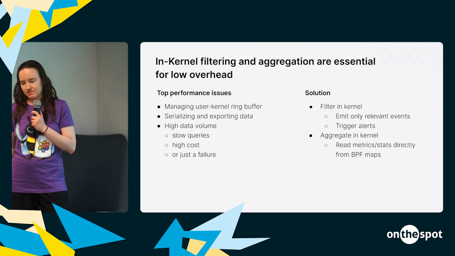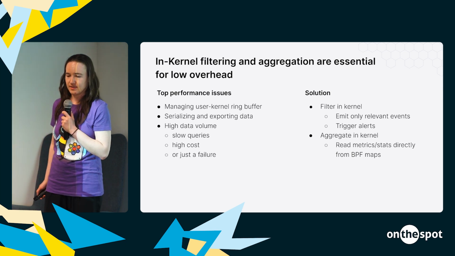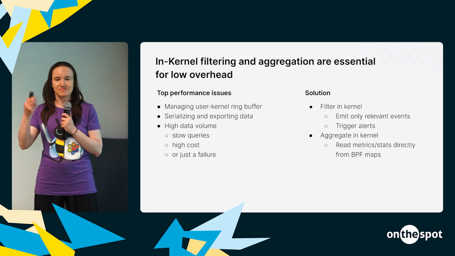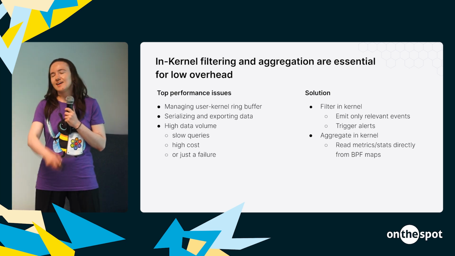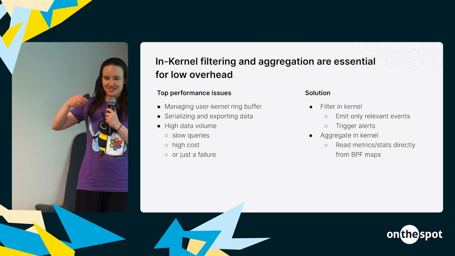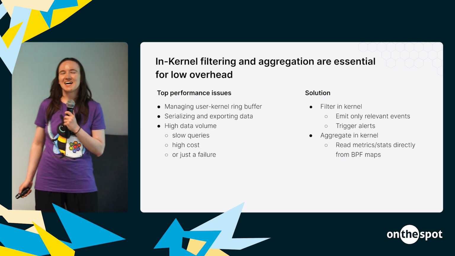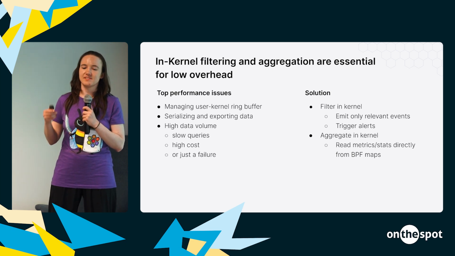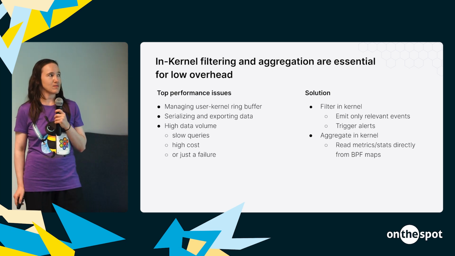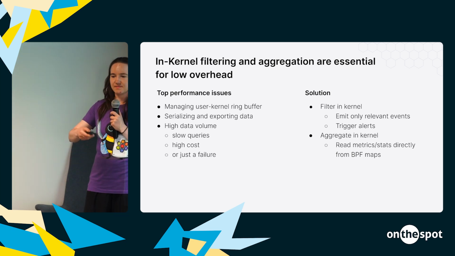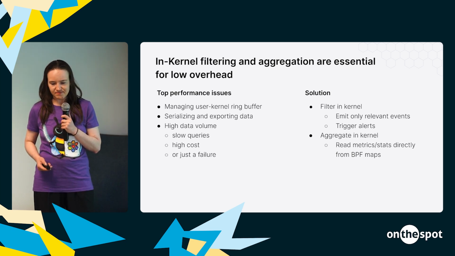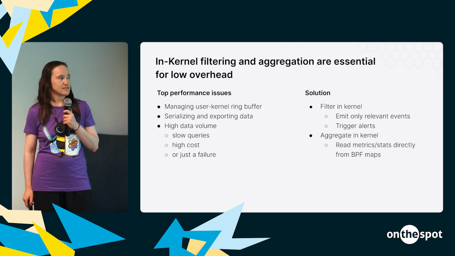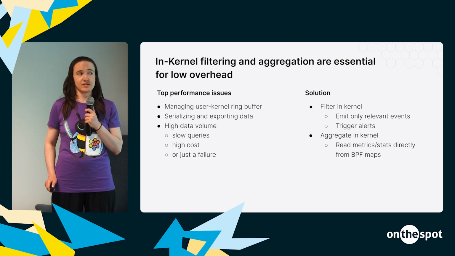When we benchmarked the initial versions of Tetragon with customers, we found that the biggest performance issue was, completely unsurprisingly, the volume of data, because Tetragon can observe so many things. It is very easy to just produce some insane amount of data. But when developing filters and aggregating data, we could actually make Tetragon very efficient.